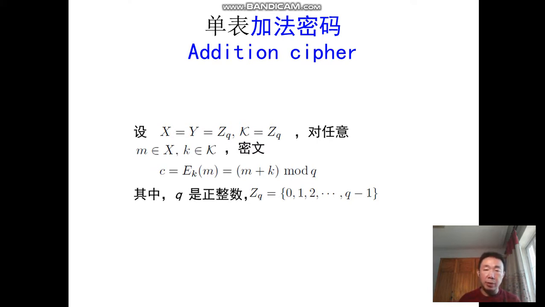A ring is a finite set in which we can do addition, subtraction, and multiplication, not necessarily division. In this example, we use a ring of 26 elements. It's just a ring, not a field.